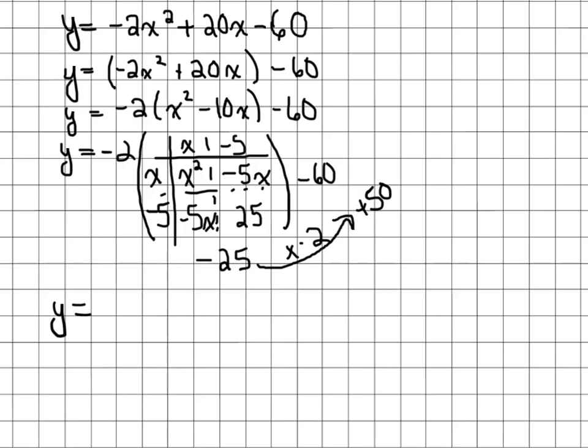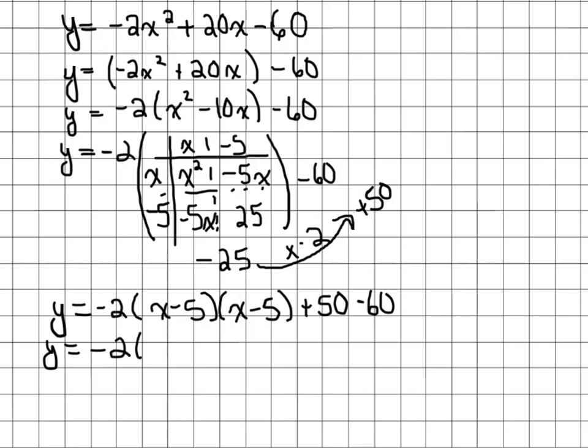So writing this out, I have minus 2 times x minus 5 times x minus 5. And then I'm adding 50 and subtracting 60. So that will give me minus 2 x minus 5 all squared minus 10. So that is our equation in vertex form.